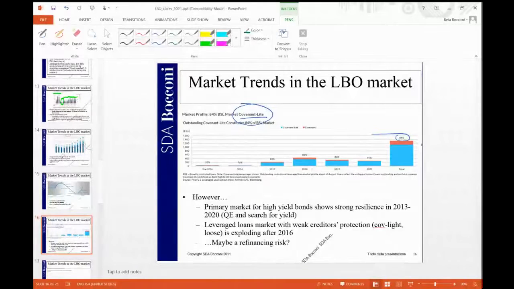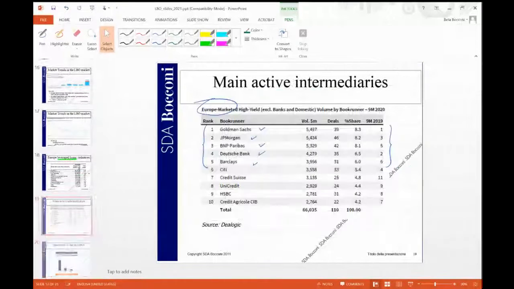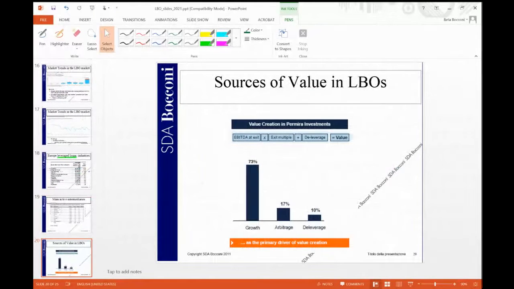But in order to simplify things, I always love to use this chart that I have taken from the presentation of one large private equity investor, a pan-European one, Permira. Just to give you an idea, Permira was the one who carried out the LBO of Valentino and Hugo Boss, or Dr. Martens, among others. So a pretty active investor.